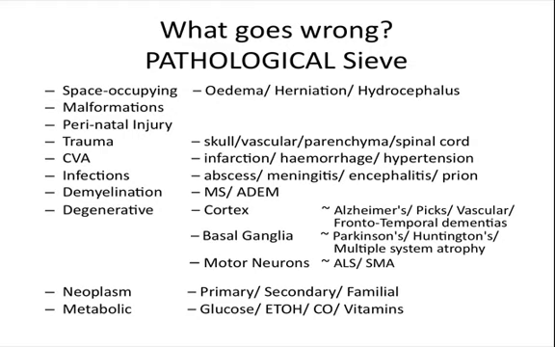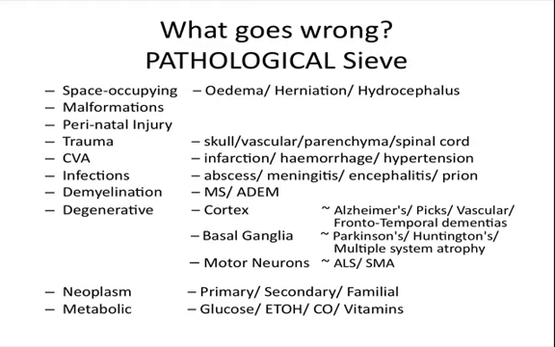You can think about the problems caused by trauma, so that's obviously physical damage to the skull or the vasculature or even the spinal cord. In stroke, remember there's a few different causes, so it could be ischemic, it could be hemorrhagic, it might just be due to raised blood pressure. And then you have your infections affecting different areas of the brain, whether it's localized or more general. The demyelination processes of multiple sclerosis and edema.